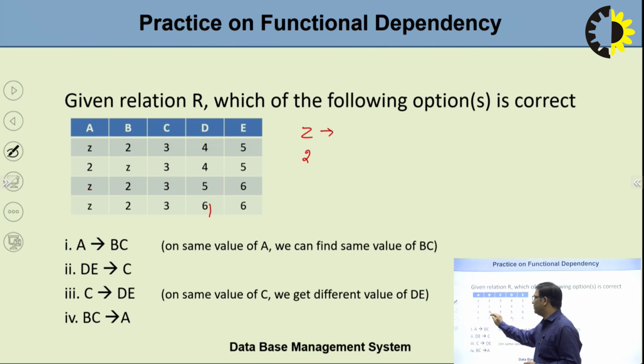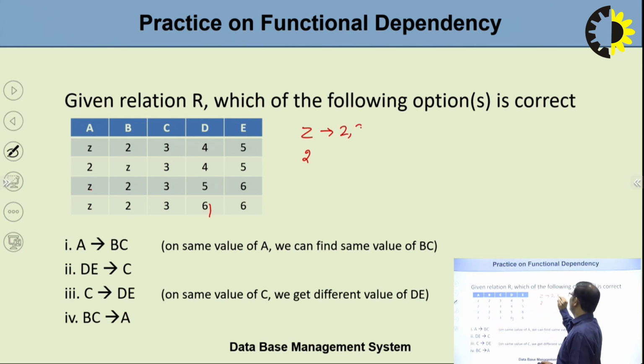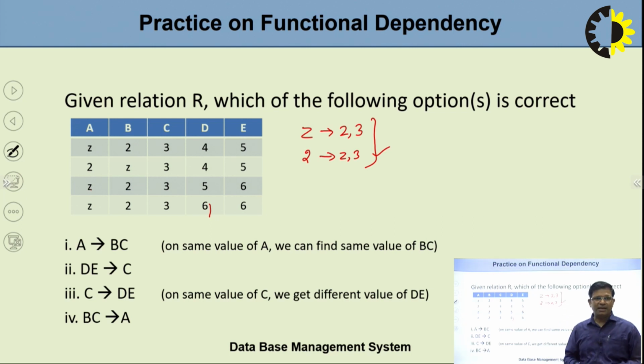On the basis of 2, we can find Z3. In this case 2, 3, and in this case Z3. So I think this is true. This is correct. Let's take another example.